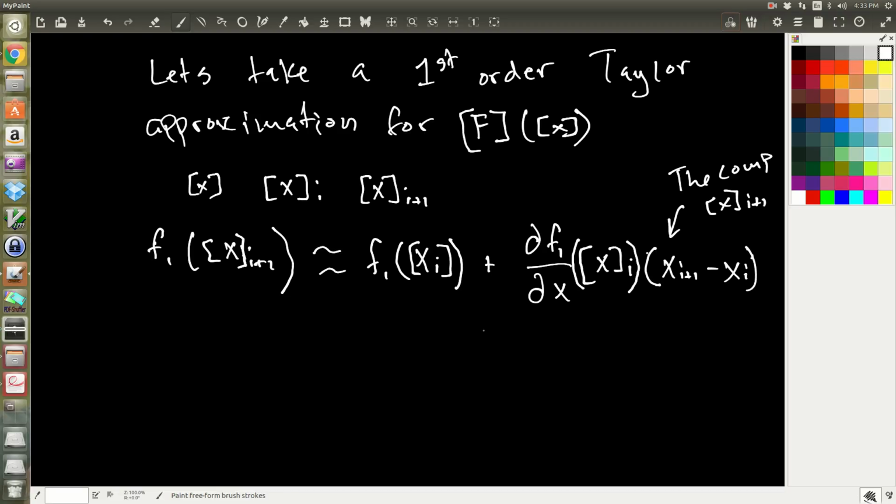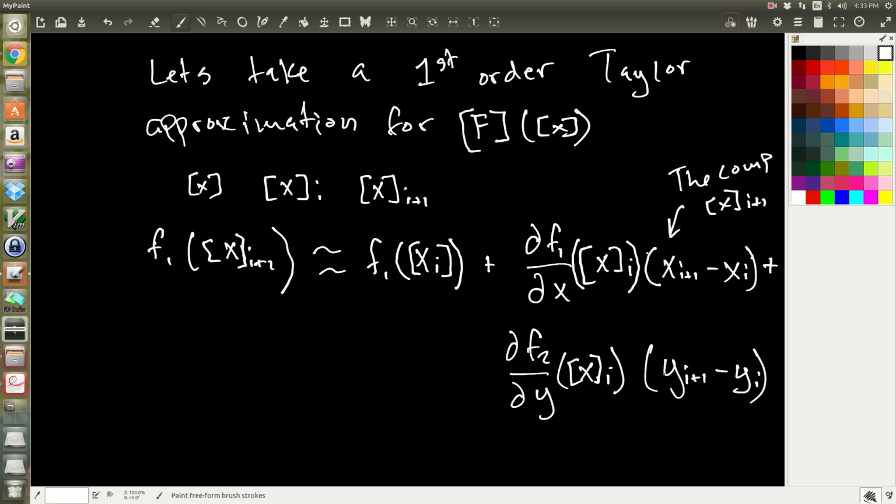And then we're going to have plus the partial derivative of f1 with respect to y. This is also going to be evaluated at the vector xi, times yi plus 1 minus yi. Alright, so that is the Taylor series expansion for the first equation.